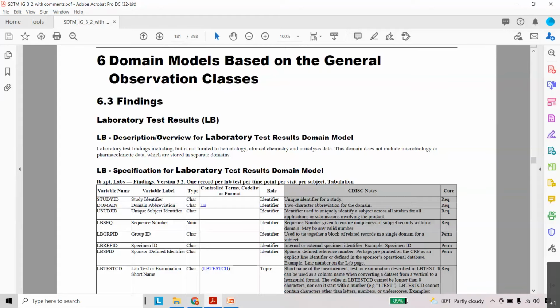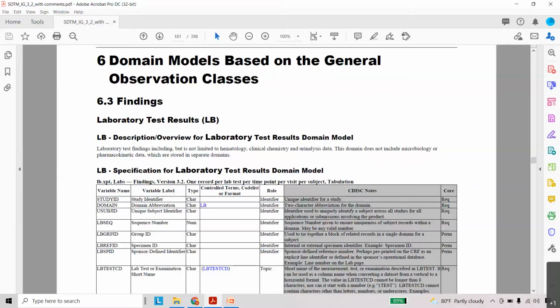So today we are going to discuss one of the very important domains called laboratory test results. As I discussed earlier, SDTM IG 3.2 has been classified into different sections. One of the main three classifications are special purpose domain, interventions, and events.